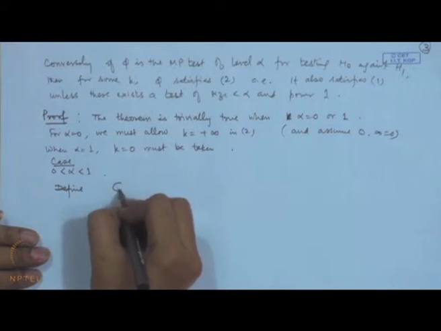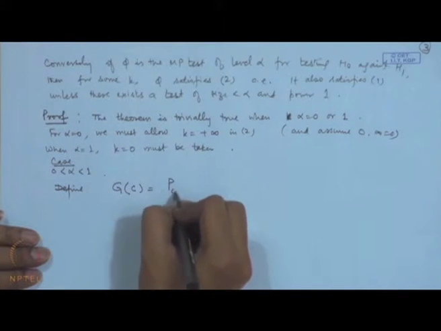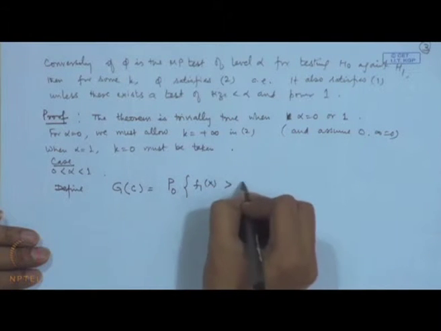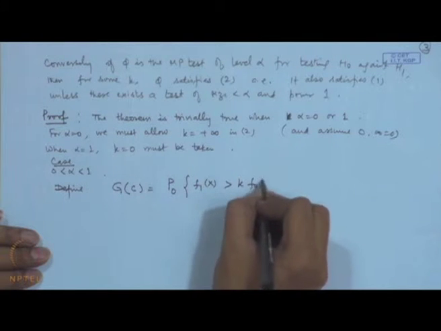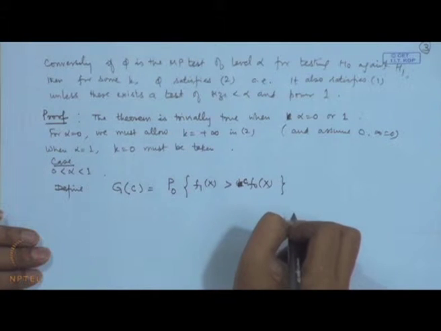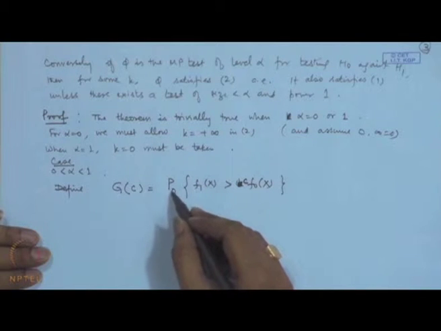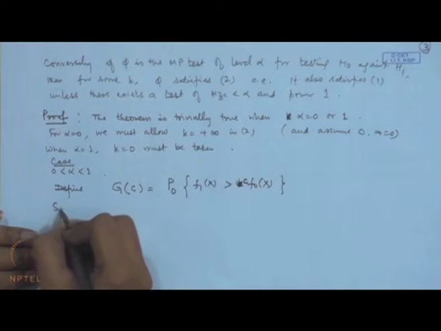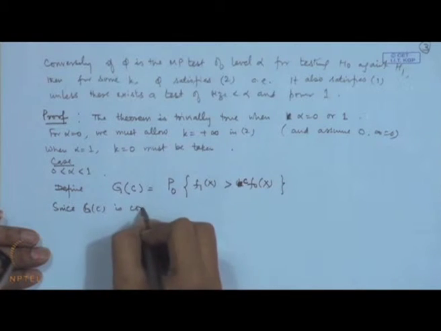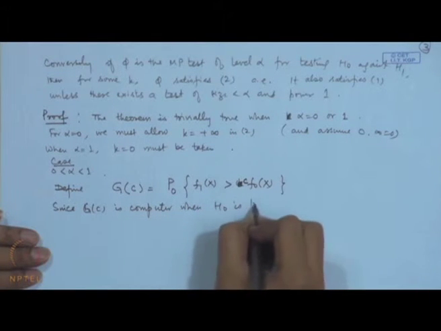a function as say g of c, which is the probability of say f1 x greater than c times f naught x, sorry, c times. So, this is under H naught, since g c is computed when H naught is true.